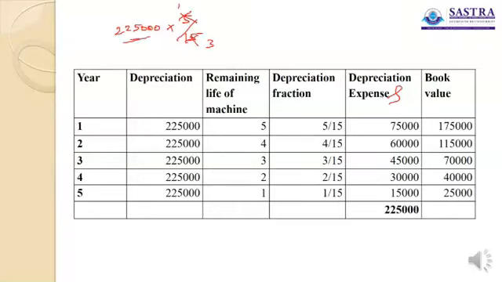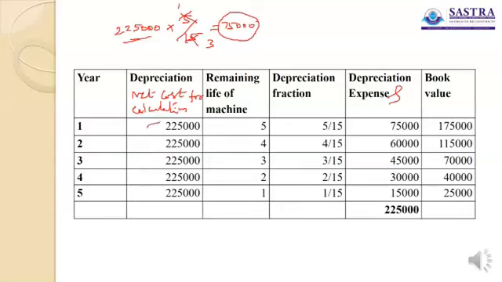So 1 third of 2,25,000 is 75,000. So first year's depreciation expense is 75,000. So depreciation will be calculated on the basis of the net cost. So net cost for depreciation calculation.